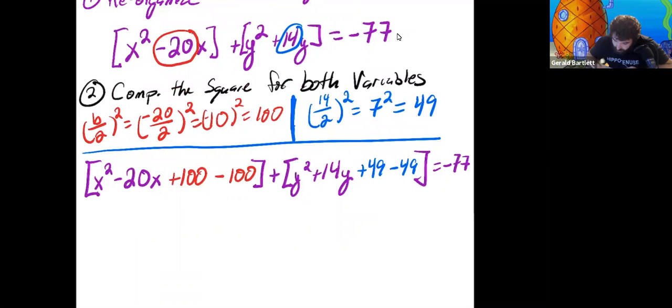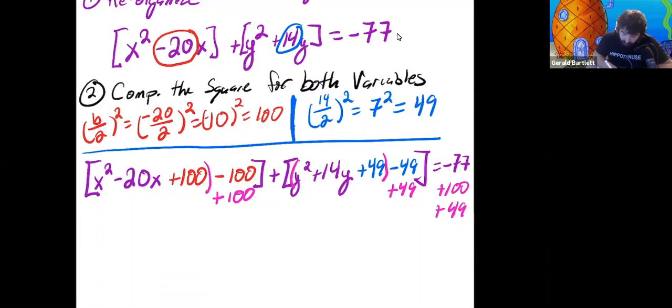We're just going to finish it off by adding. We're going to add 100 to both sides. We're also going to add 49 to both sides. Because remember, we want those first 3 values in each variable by themselves.